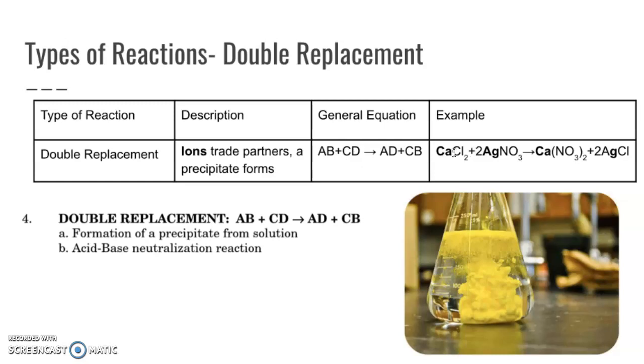An example is CaCl2 plus AgNO3 yields Ca(NO3)2 plus AgCl. So Ca's partner is switched and Ag's partner is switched.